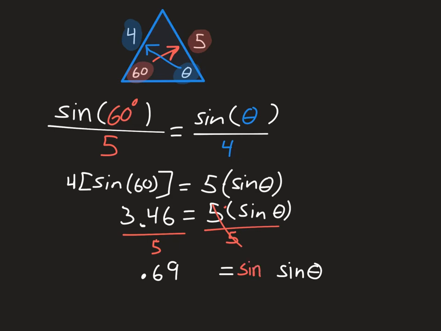So I'm going to undo a value of sine by taking the inverse sine. If I take the inverse sine of the right side, I have to take the inverse sine of the left side as well. Now I have the inverse sine of sine. Since those are inverse operations, they cancel each other out, and I have just theta.